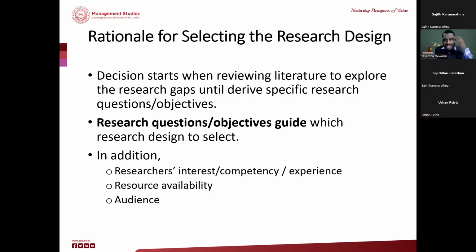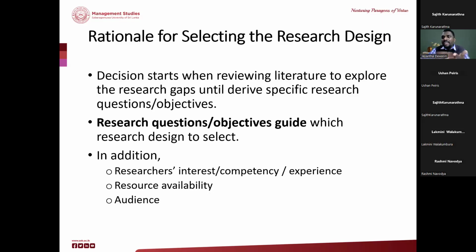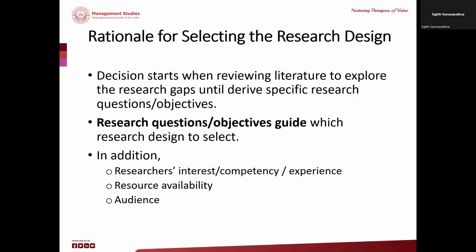So by having some kind of understanding, you just develop the indicators for those dimensions or variables. That is wrong, you can't do it. It should be from the previous literature.